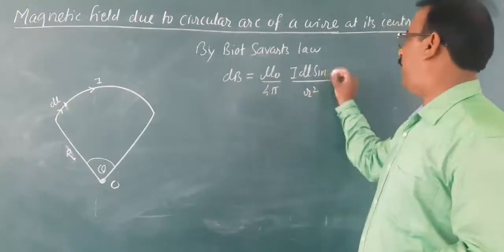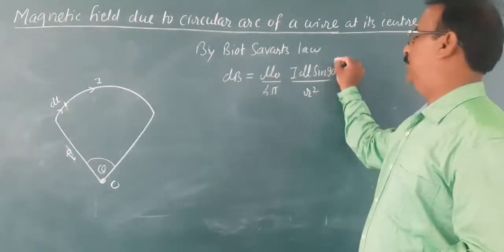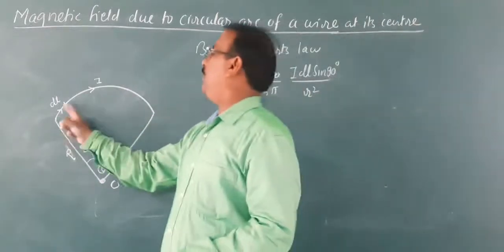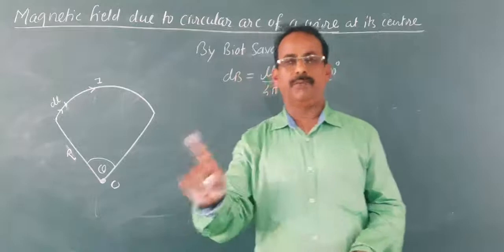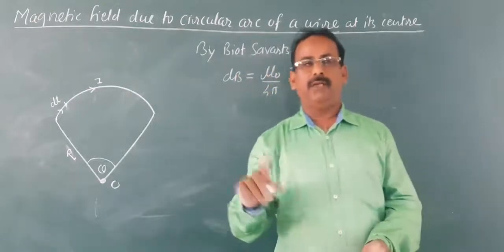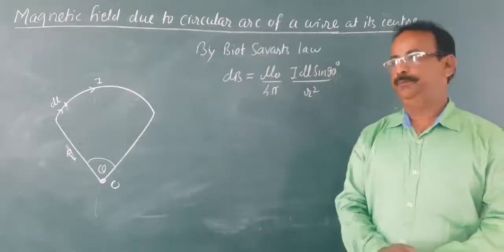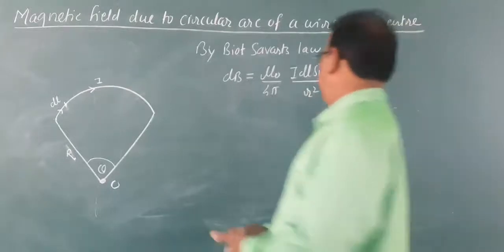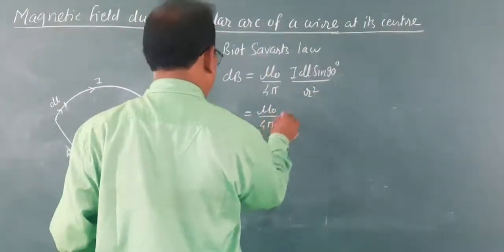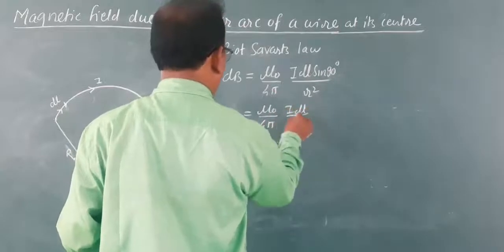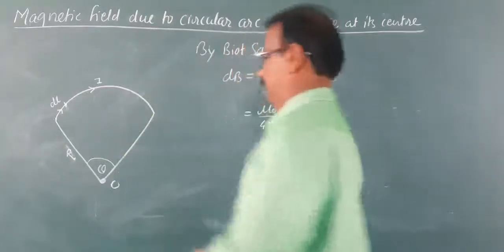Therefore, I am writing here 90 degree. Angle between this length vector and this position vector. Length vector comes along the tangent. Tangent is always perpendicular to radius. Sin 90 is 1. Therefore, we get mu 0 upon 4 pi, I dl upon R square.